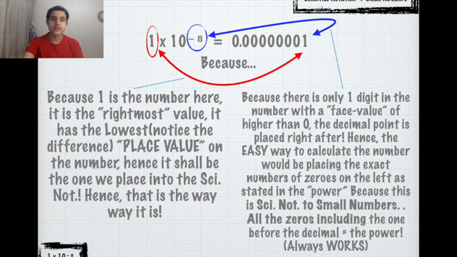So to convert that, you look at the power first and you say, okay, it's negative 8. So the first thing I recommend you to do is put 8 zeros down on the paper. And after putting the 8 zeros down on the paper, add the 1 to the rightmost part of the value and put a decimal point right after the first 0. And it always works.